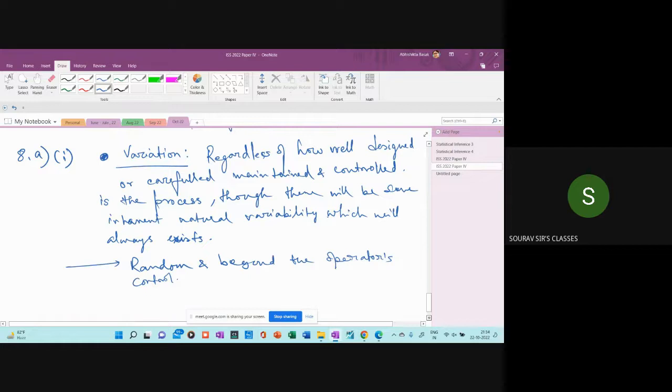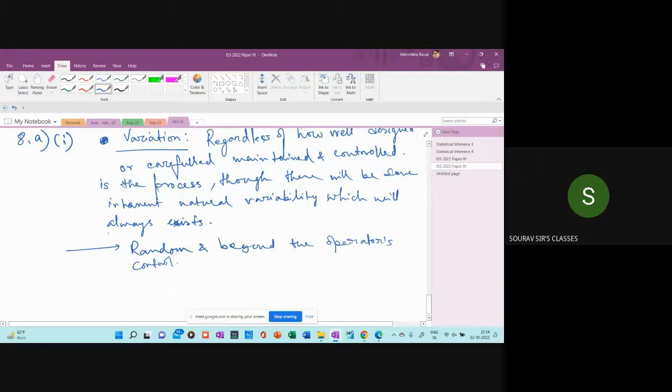So this is what we call the allowable variation in our statistical control. This is known as allowable variation.